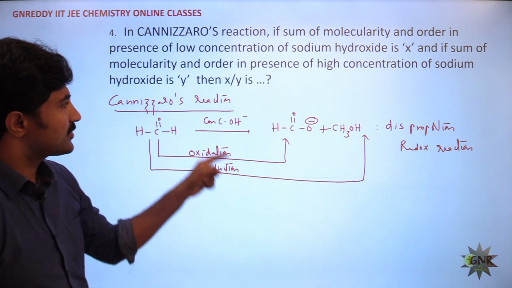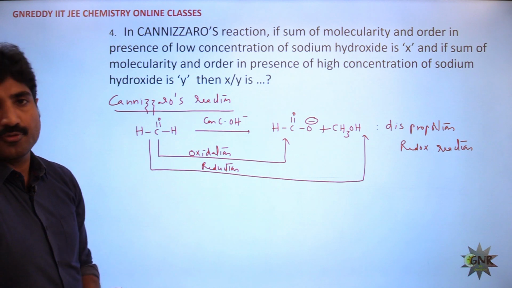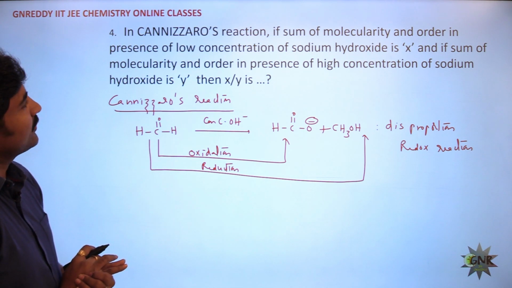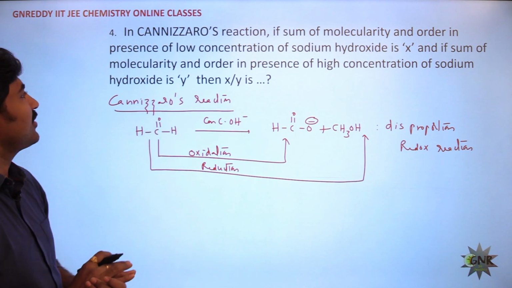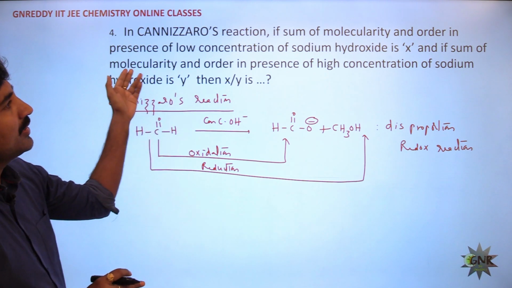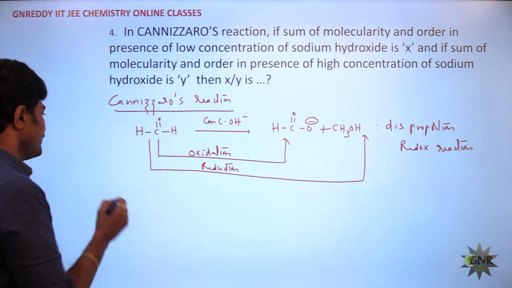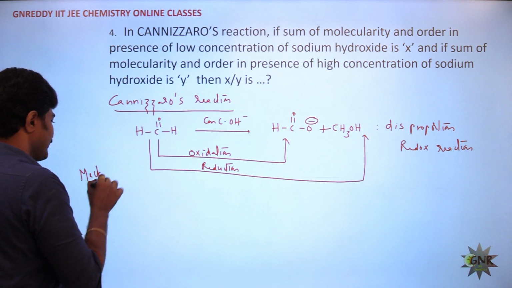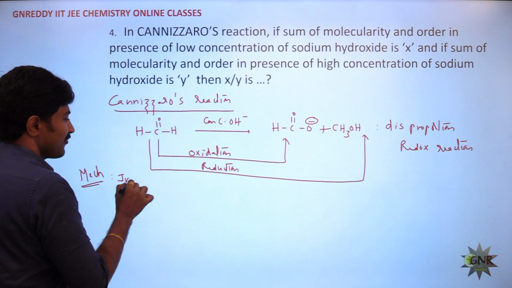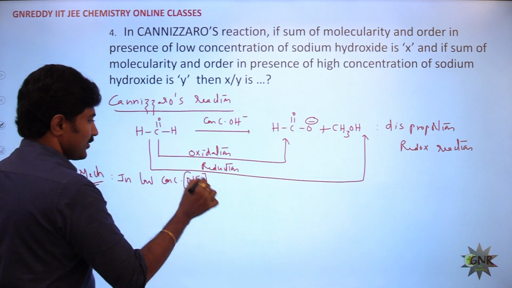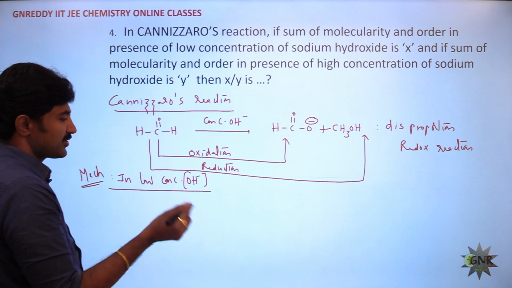In this case, if you use a low concentration of OH minus, what is the sum of molecularity and order, and if you use a high concentration of sodium hydroxide, what is the sum of molecularity and order? For this we have to see its mechanism. In the presence of a low concentration of OH minus, it is a complex reaction mechanism.